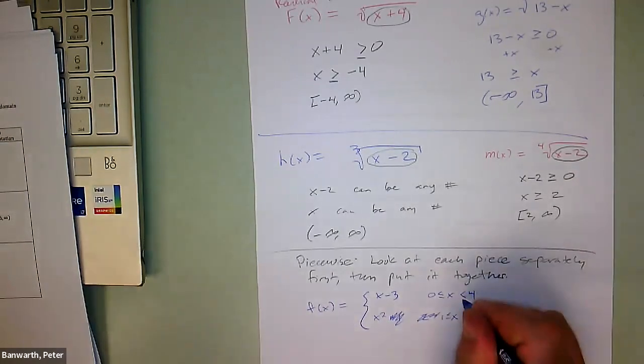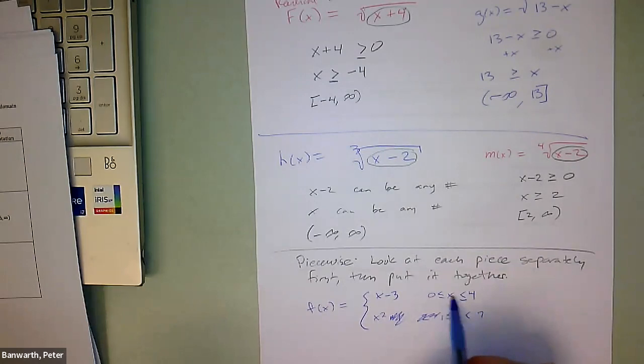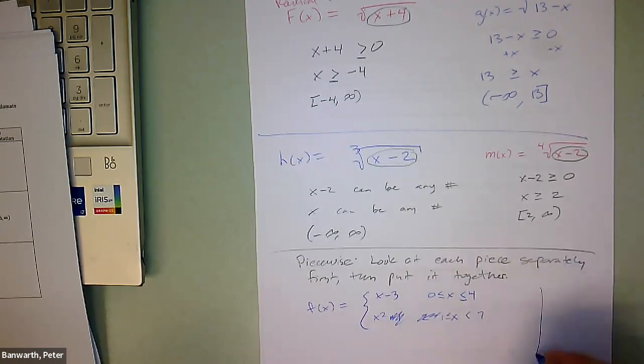I can even do that if I say they're equal on both sides because they agree. Because if x is 4, x minus 3 is 1. And if x is 1, x squared is 1. So this graph happens to look like this.